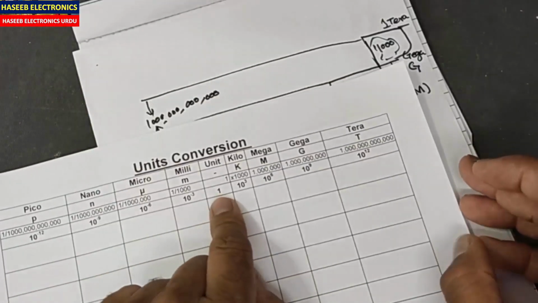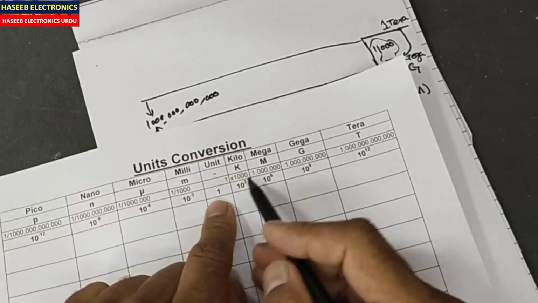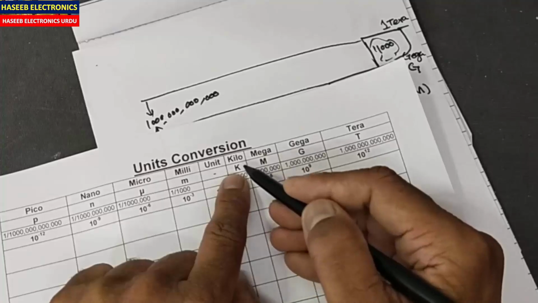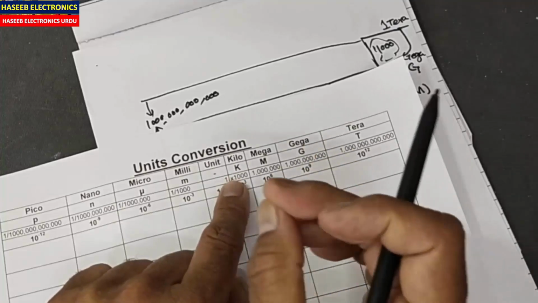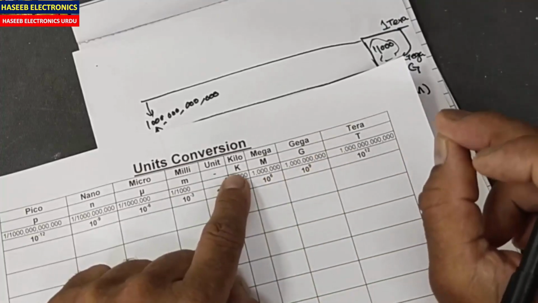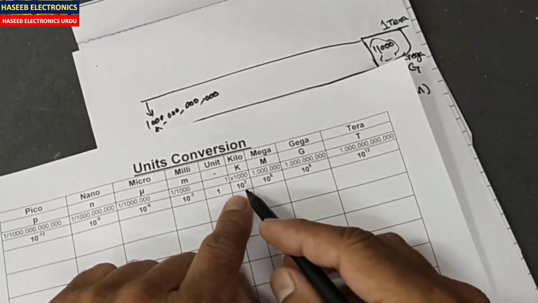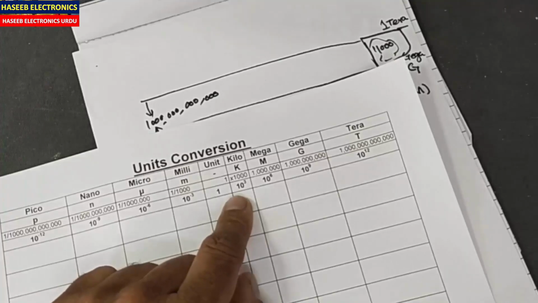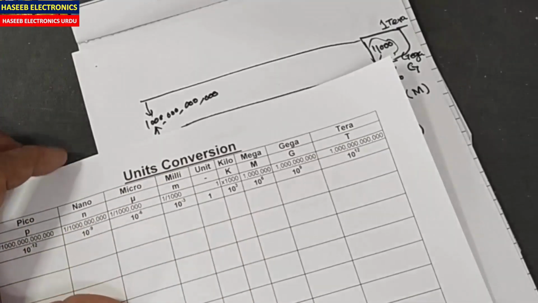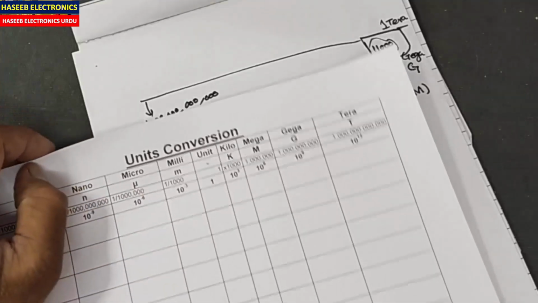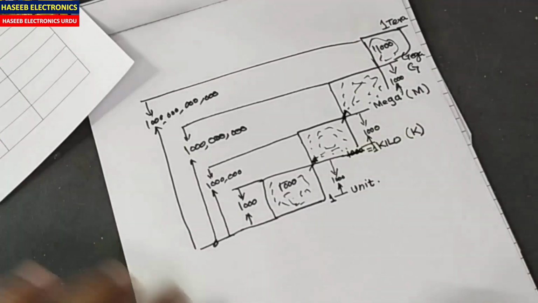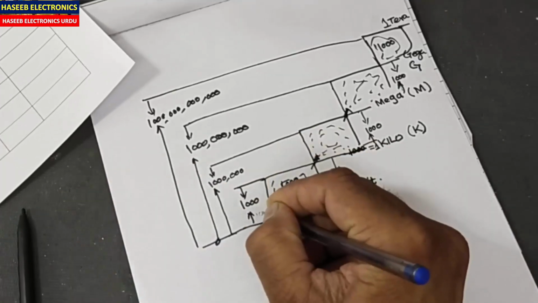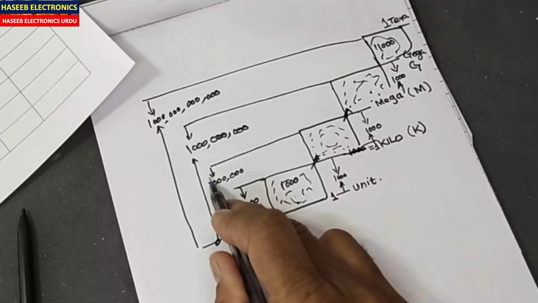As we mentioned here, 1 unit is 1 unit. If we have 1000 units, it will be called kilo, abbreviated with the letter K, and its power is 10 raised to power 3. In electrical and electronics engineering, 10 raised to power 3 is used.